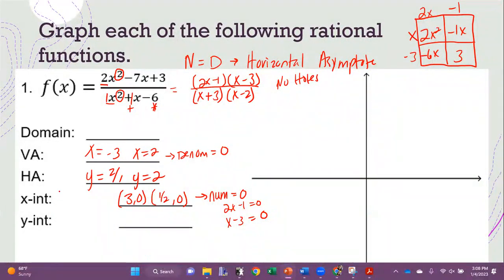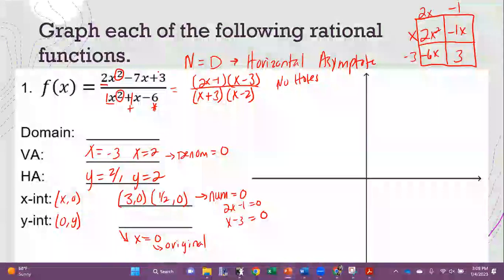Okay, remember x-intercepts are (x, 0), and y-intercepts are (0, y). So to find your y-intercept, you're going to make every x equal to 0. And it's best to go back to the original, in my opinion. So if you go back to the original and make every x equal to 0, this goes away, this goes away, this goes away, this goes away. And what are you left with?